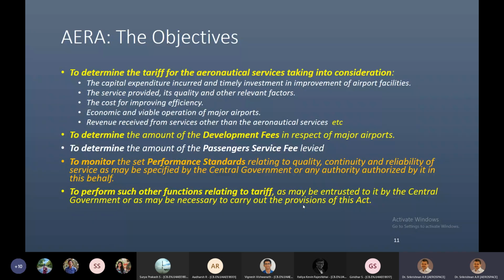All of that is to be accomplished by this regulatory authority called AERA. So these are the functions or objectives laid out for AERA.